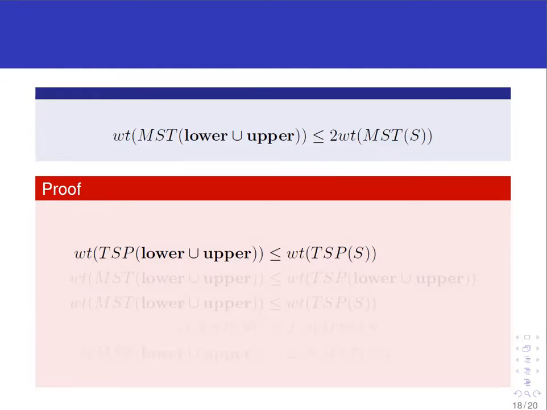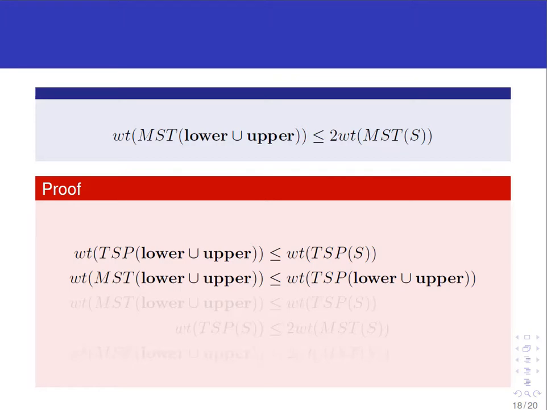Also, we proved that the weight of the minimum spanning tree of the union of lower and upper is at most 2 times the weight of the minimum spanning tree of S. To prove this, according to the monotonicity property of the traveling salesperson tour, denoted by TSP, the weight of the TSP of the union of lower and upper is at most the weight of the TSP of S. And it is clear that the weight of the minimum spanning tree of the union of lower and upper is at most the weight of the TSP of the union of lower and upper.